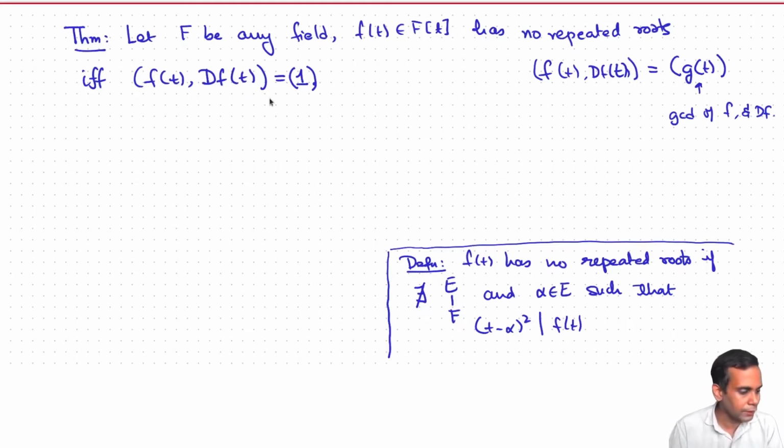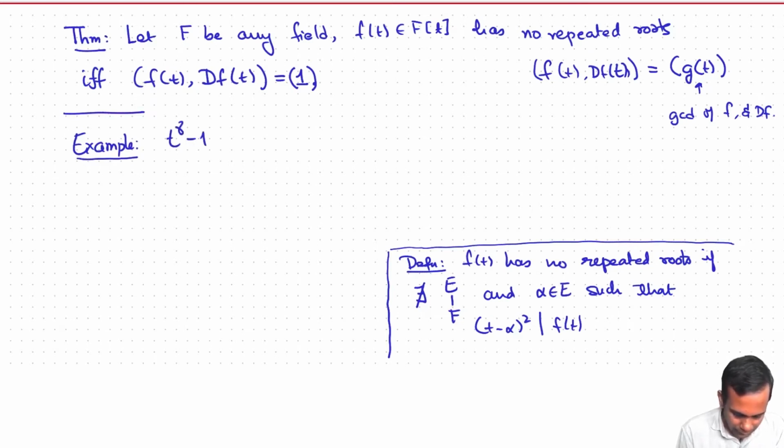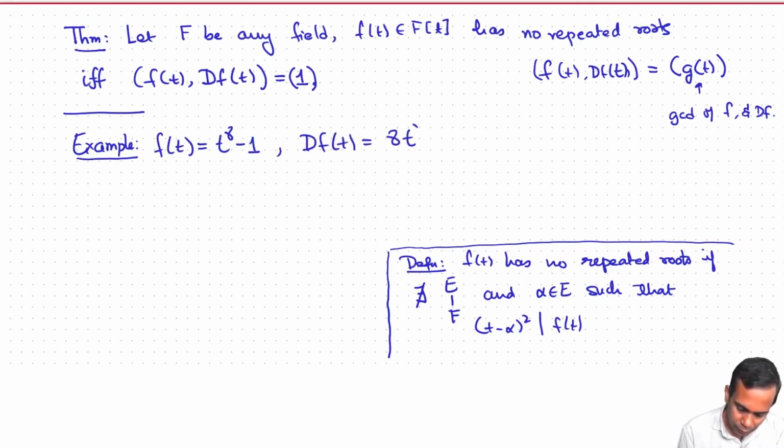And if you want, we can look at the examples. So if we go back to this example, let's take t to the power 8 minus 1. If this is f(t), then f'(t) or df(t), the derivative, is 8t to the power 7. Now we are working over Q[t]. These integers like 8 are just units in the ring, so we can ignore them.